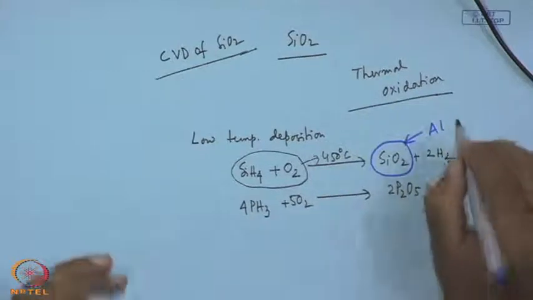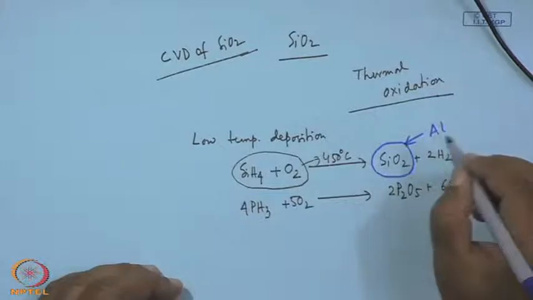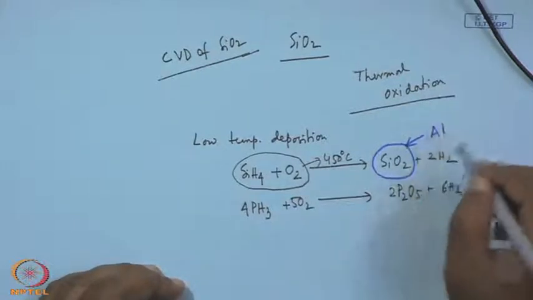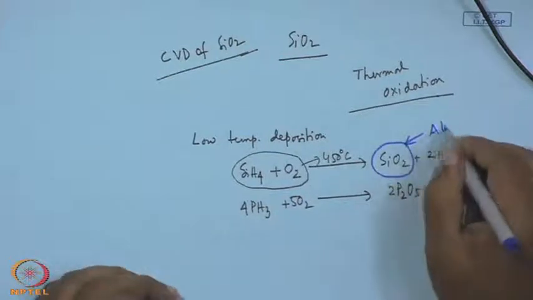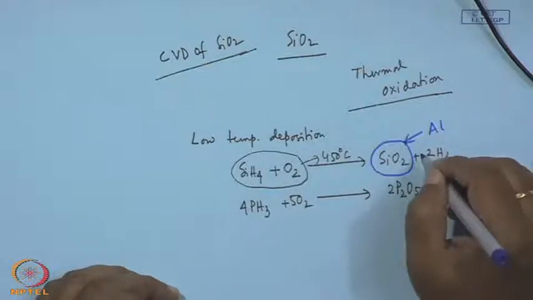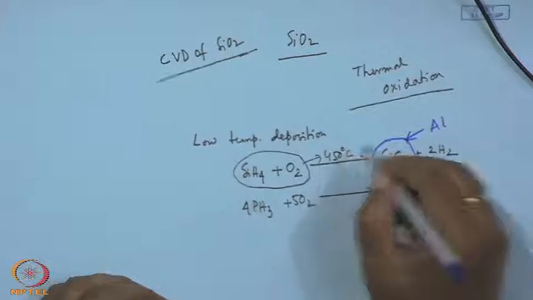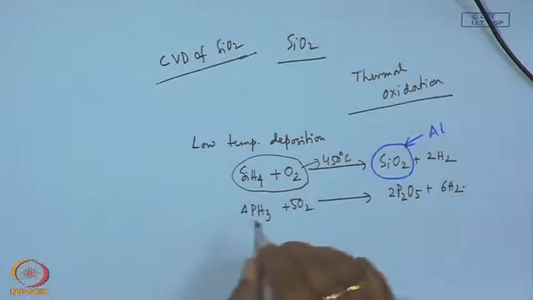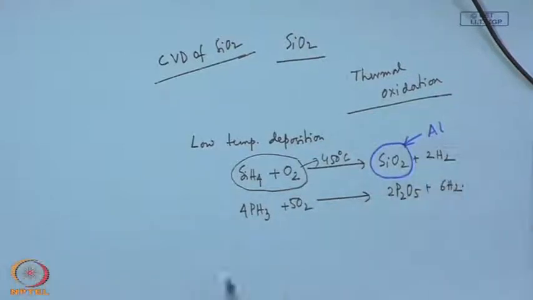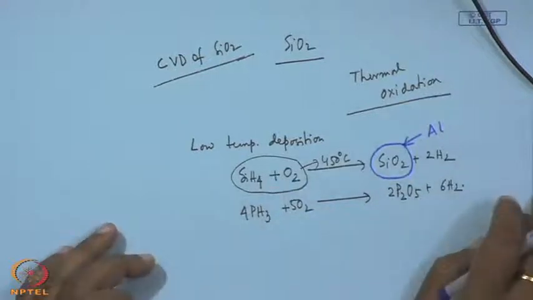So, if you have an aluminum metal layer, then over aluminum you can grow SiO2, and the melting point of aluminum is around 600 degrees centigrade. So, very high temperature you cannot use for depositing SiO2 over aluminum. However, this temperature is suitable for depositing a layer over aluminum. That is a very important concept, or application, of this low temperature deposition process.